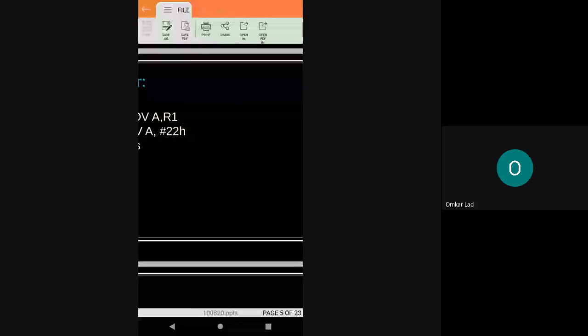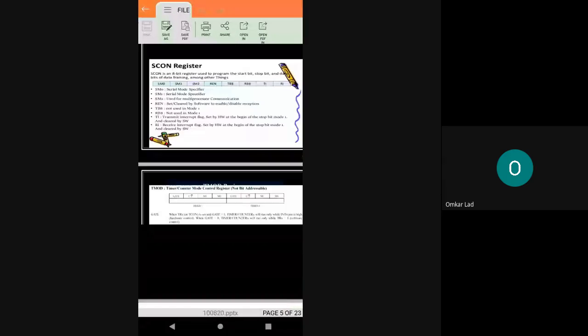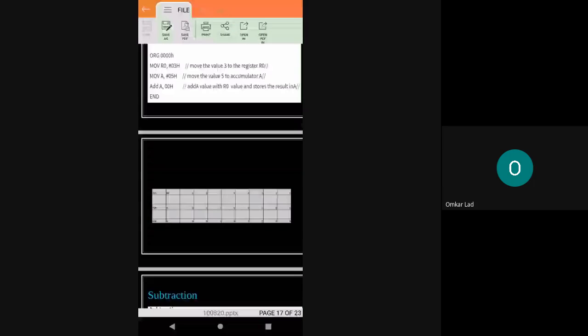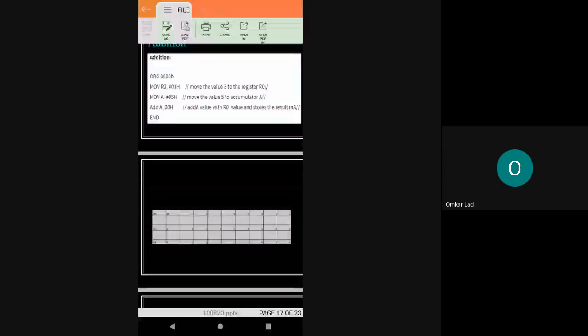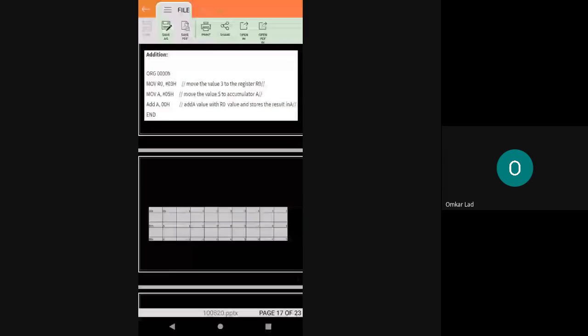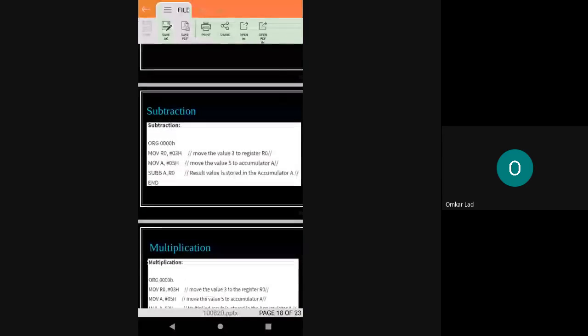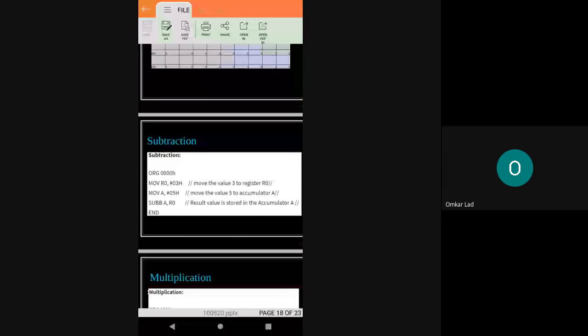Before going to start this particular program, we will go on. We have already gone through the addition program. Now in the same way, just focus on these programs and you can note them down in your notebook.